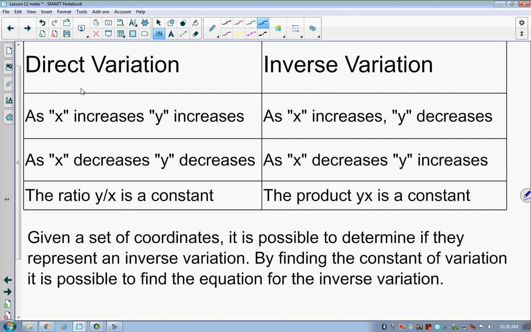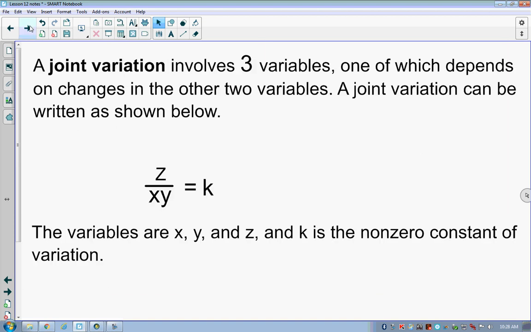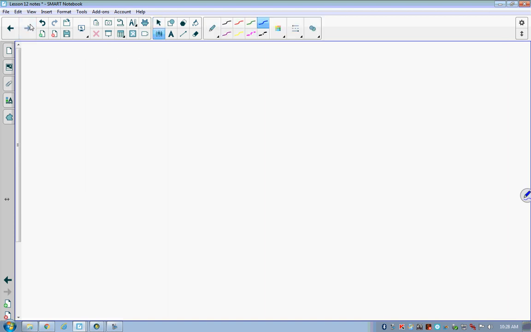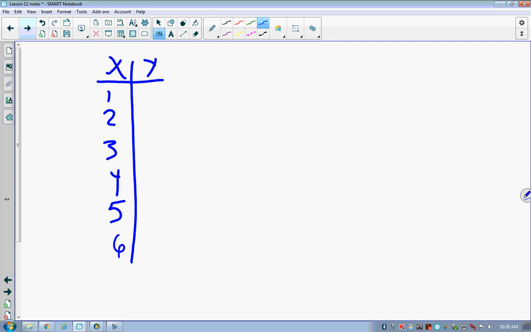I can look at a table of values and see that as the x values increase, what is happening to the y values? Are they also increasing or are they decreasing? If I've got x, y, and x is going 1, 2, 3, 4, 5, 6, what's happening to these numbers? They're increasing, right?